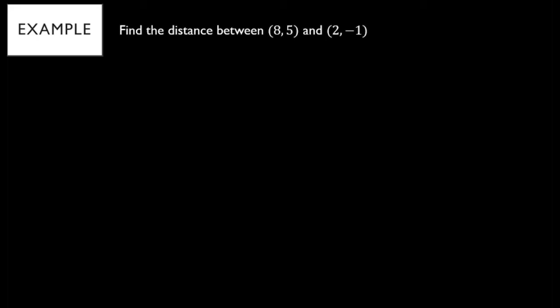So we're going to find the distance between (8, 5) and (2, -1). It doesn't actually matter which ordered pair you label as x1 and x2, but I just always do it in order.